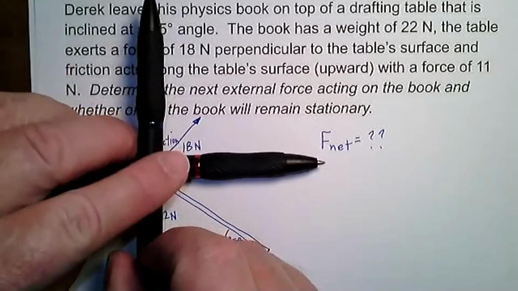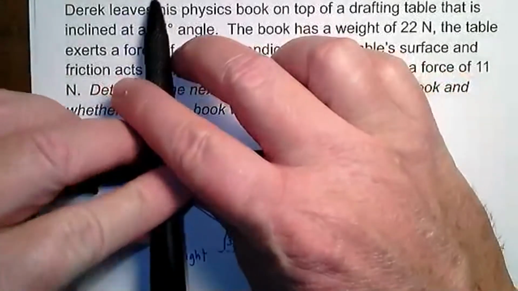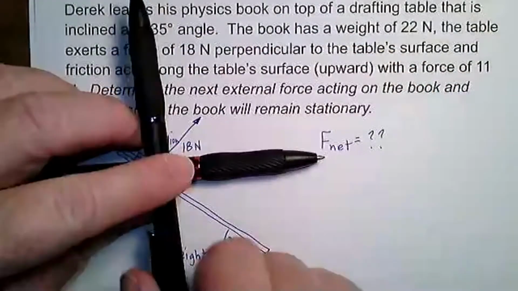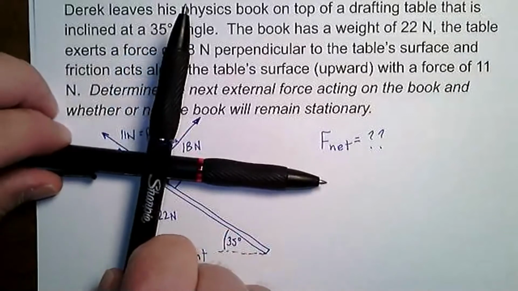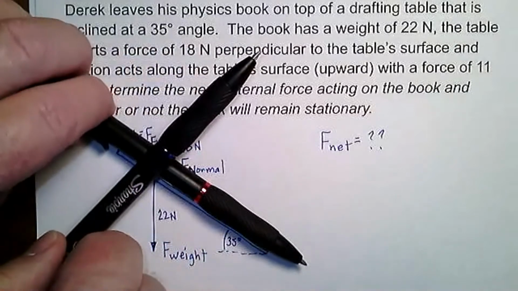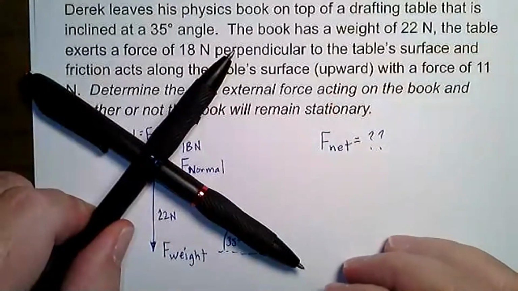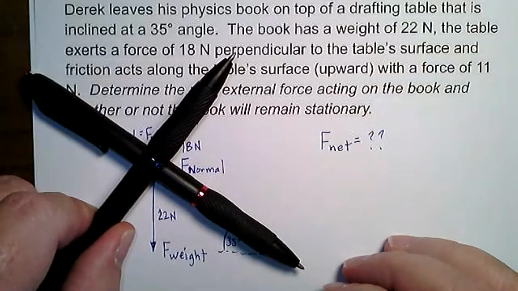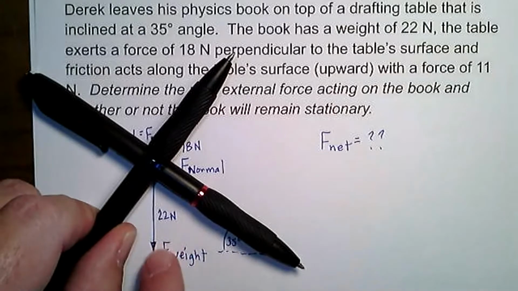If I take my coordinate system, however, my x and my y here, I'll take my x and my y and rotate them until my x is parallel to that tabletop and my y is perpendicular to it. Notice that instead of having two different vectors that I would have to break into x and y, I really only have one, the force of weight.